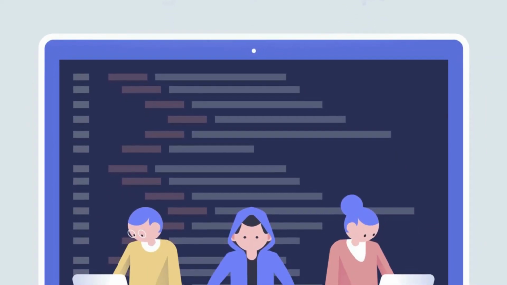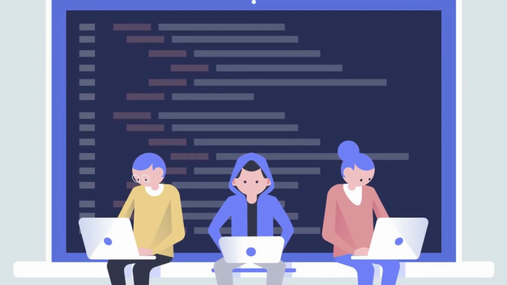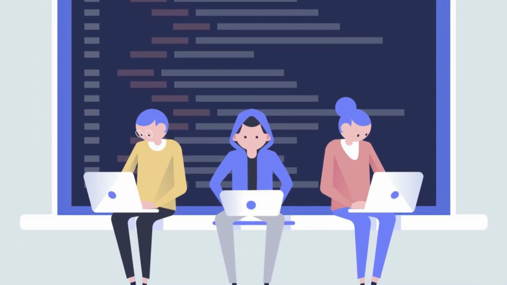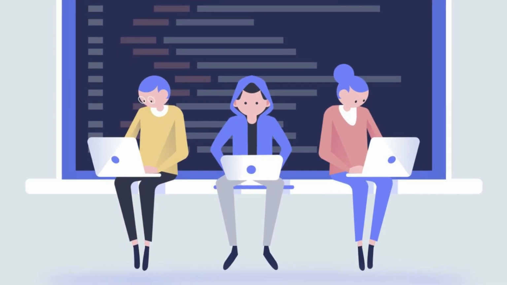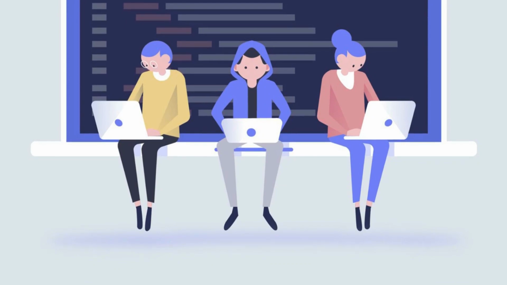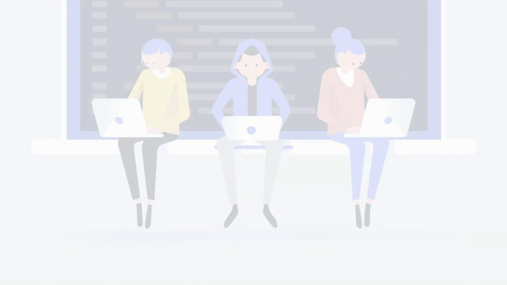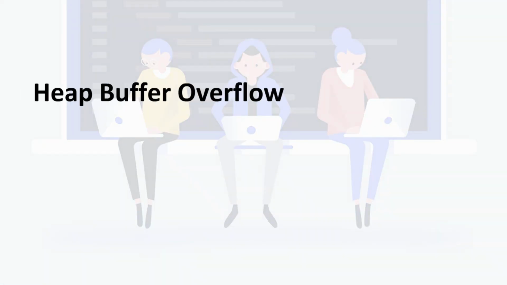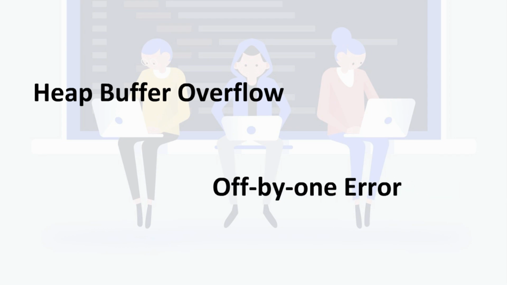Although this type of stack buffer overflow is still common on some platforms and in some development communities, there are a variety of other types of buffer overflow, including heap buffer overflow and off-by-one error, among others.